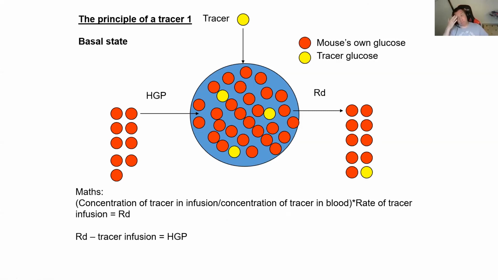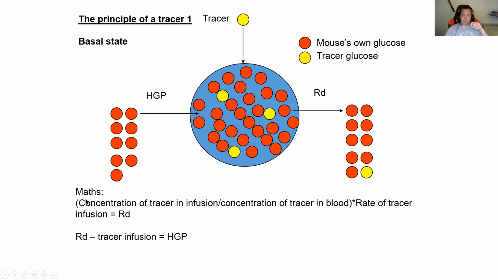So if we want to measure the RD and the HGP, this is how we can do it. We can infuse a tracer, and we infuse it via the tail vein in the experiments we do. This tracer will mix with the glucose in the mouse's blood, and it will be diluted. The tracer that we're infusing is at 100%. Obviously, when it hits the blood, it will mix with the mouse's own unlabeled glucose in red, and therefore we will have a mixture.